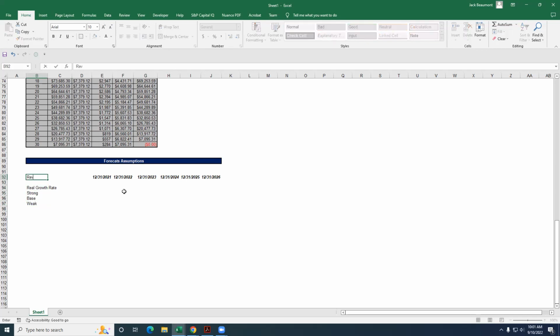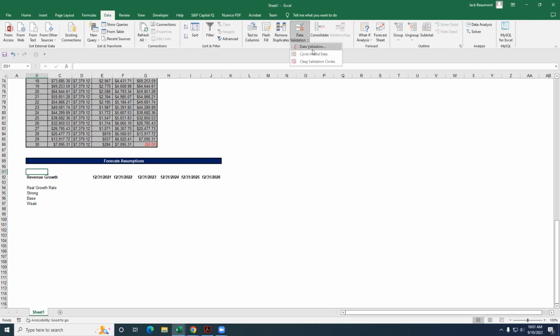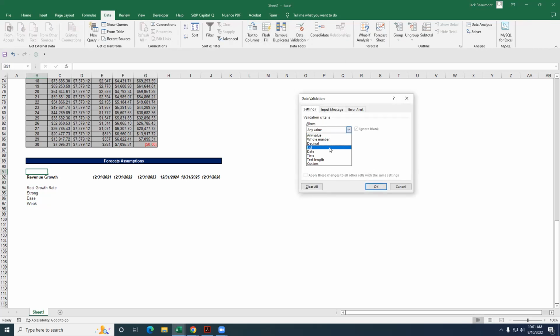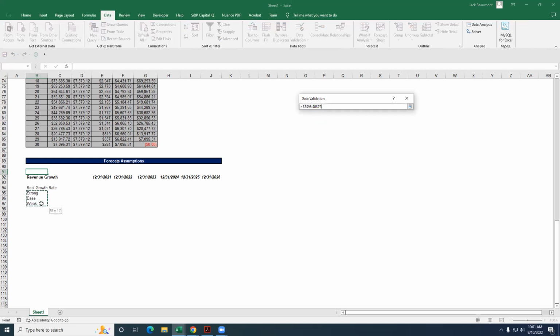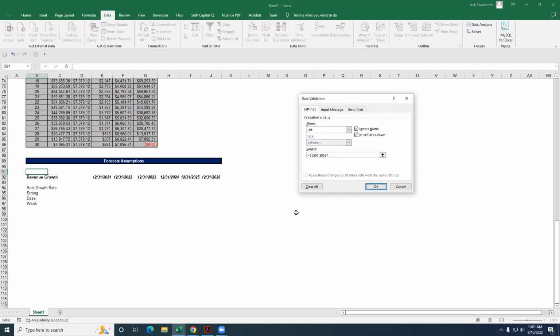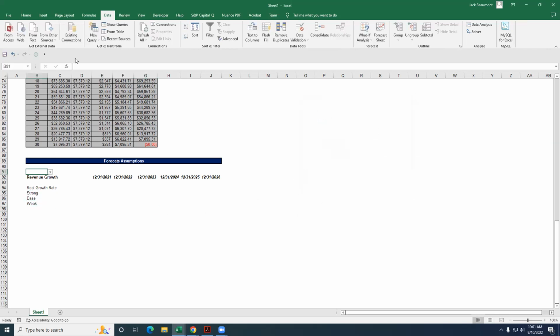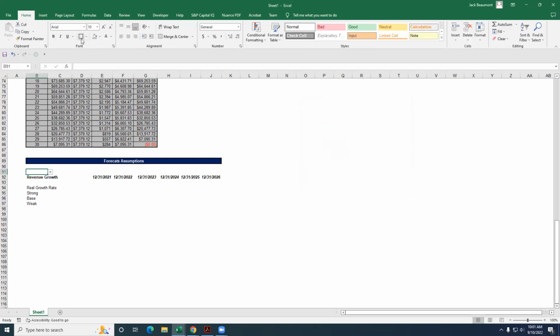So that's revenue growth. Okay. So here I'm going to do that data validation again. I'm going to do a list. I'm going to source it between these ones here. Let's give that an outside border. Let's make it bold and center it. Let's do base for now.